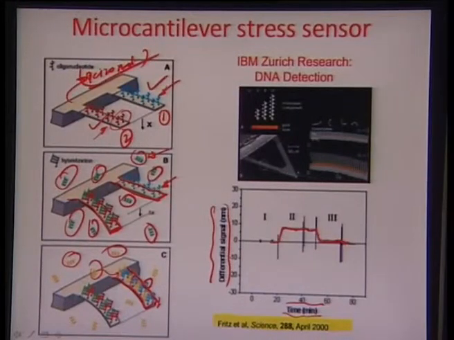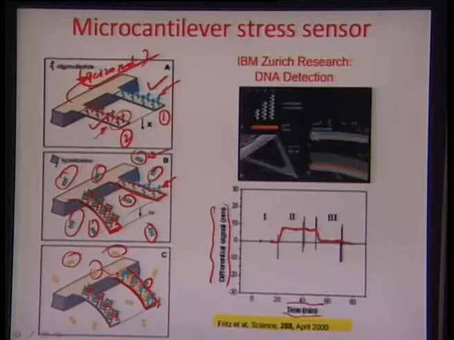Okay. This is an illustration of how these cantilevers would typically look like. You have all different shapes and sizes for these cantilevers, as you can see here, and this was actually reported as a module by IBM in its Zurich Research Center for the first time, where they talked about how DNA hybridization can be carried out using mechanical signals.